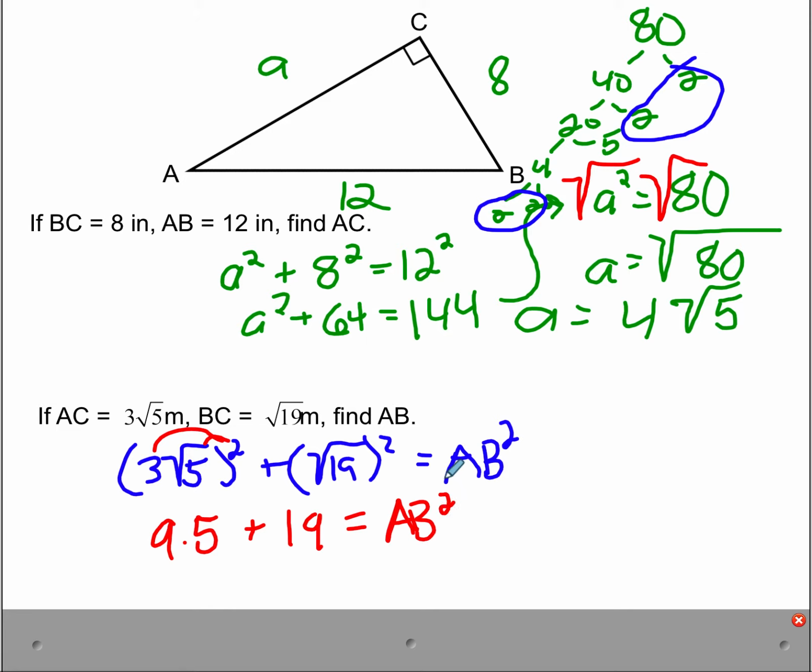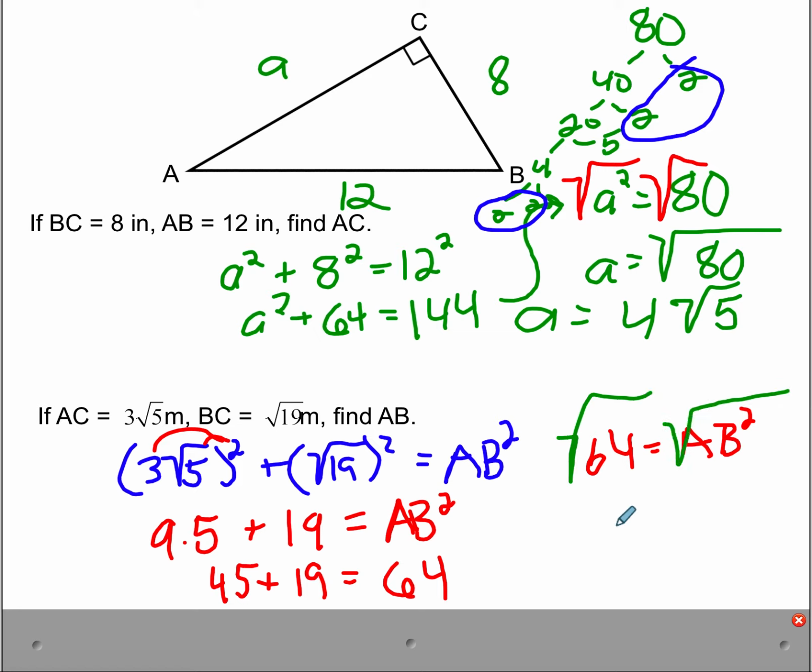And so 9 times 5 is 45. 45 plus 19 is 64. So 64 equals AB squared. And I need to take the square root of both sides. So AB is 8. Square root of 64 is 8. And that would be my answer.